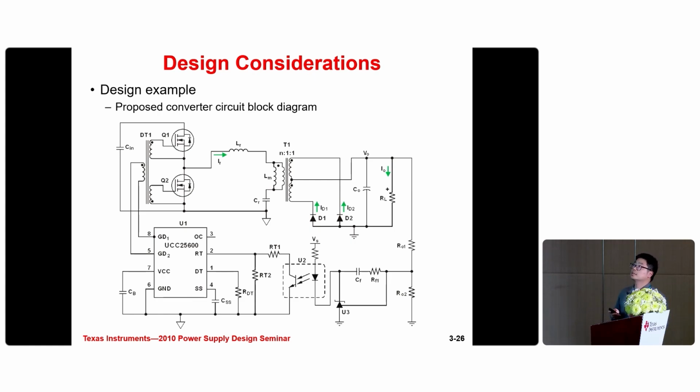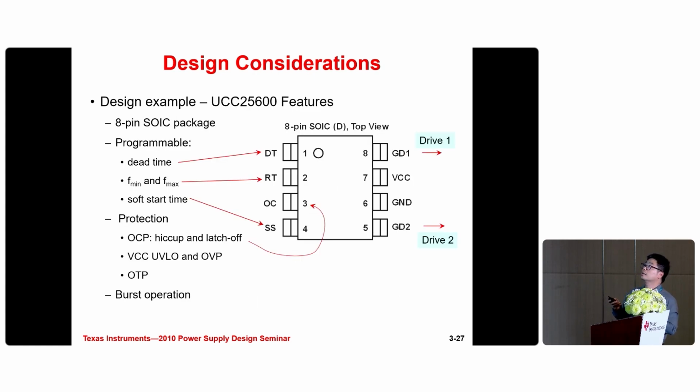And this is the proposed converter circuit block diagram. And we can see this part, the TI part, UCC25600 is proposed. UCC25600 is a high-performance LLC controller.